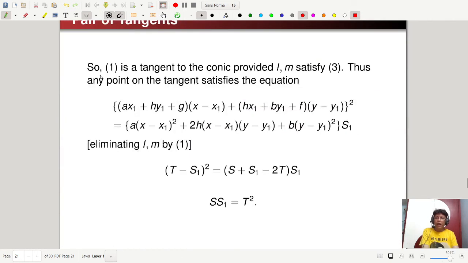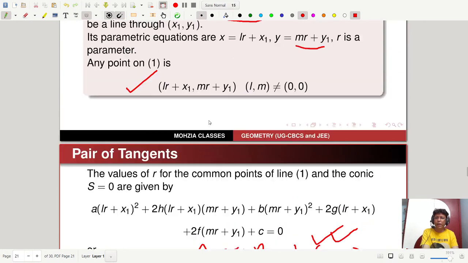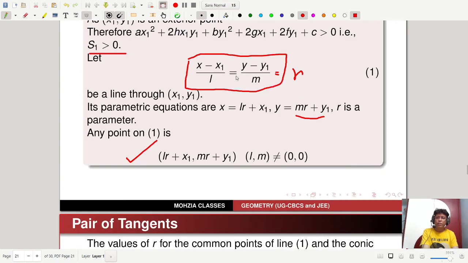Now, line 1 is a tangent to the conic provided l and m satisfy 3. Thus, any point on the tangent satisfies this equation. So if you simplify, what is your l? Your l is given by (x minus x1) by r, and m is (y minus y1) by r.